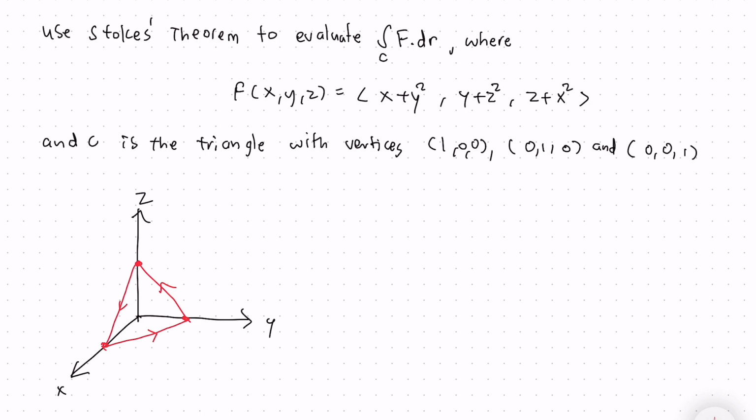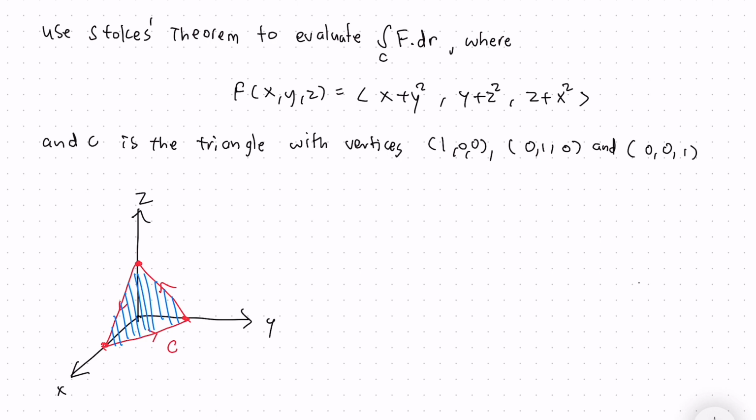So what we would like to do is evaluate this path integral, and let's do it by using Stokes theorem. Stokes theorem says that instead of integrating along this path, which we call C, we can think of any surface that is bounded by this path.